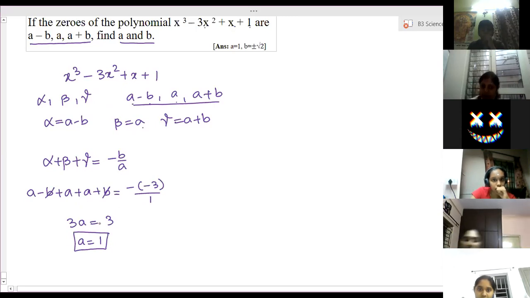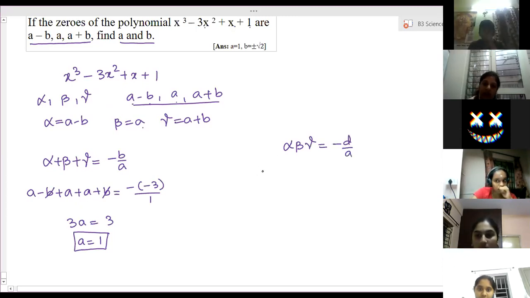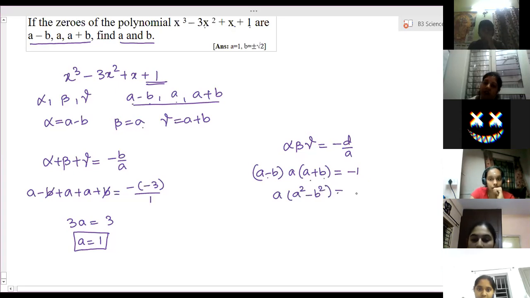Now second, to find b, we have to take the product of zeros. Product of zeros, alpha beta gamma, is equal to minus of d by a. Alpha is a minus b, beta is a, gamma is a plus b, is equal to minus 1 by 1, which is minus 1. Substitute the value of a: a into a minus b into a plus b is a into a square minus b square, equal to minus 1.